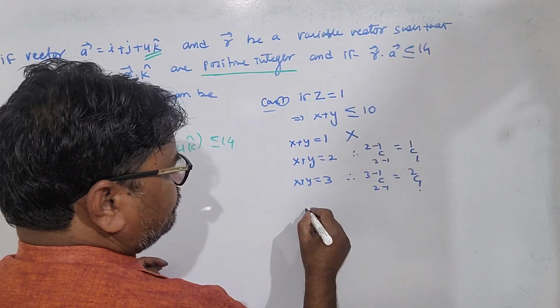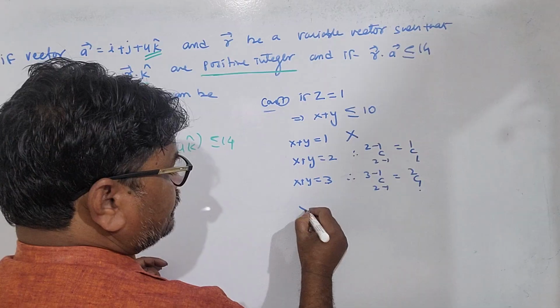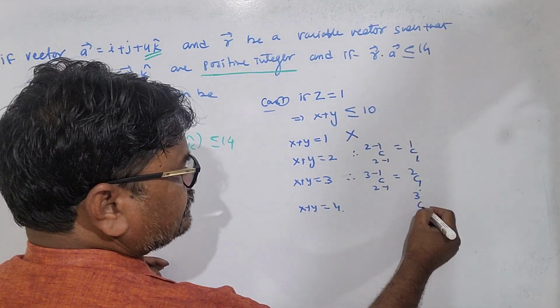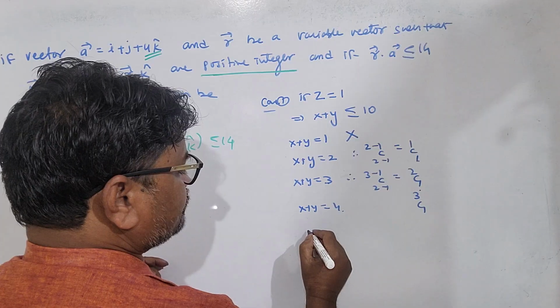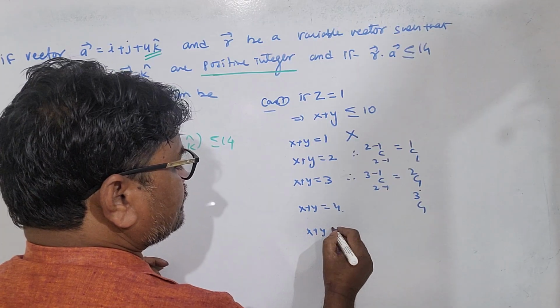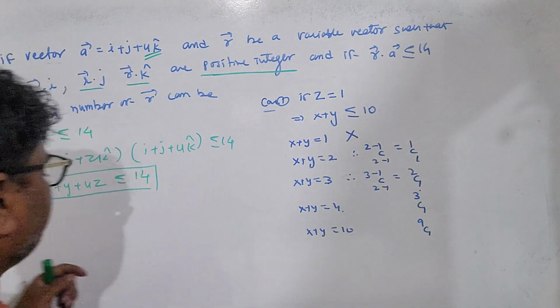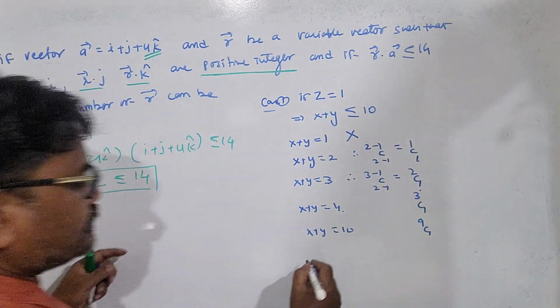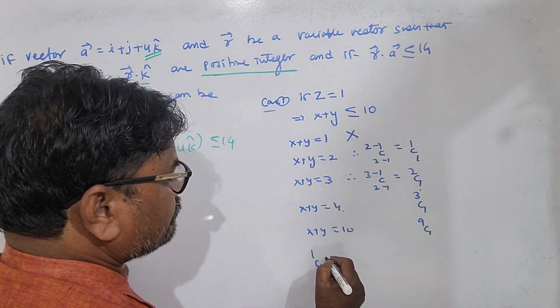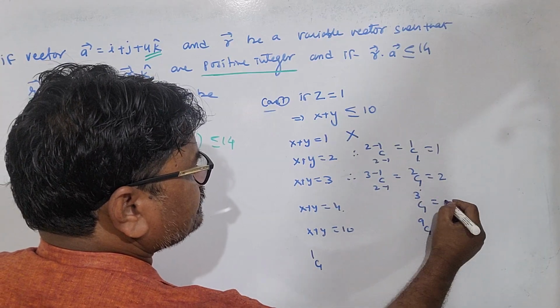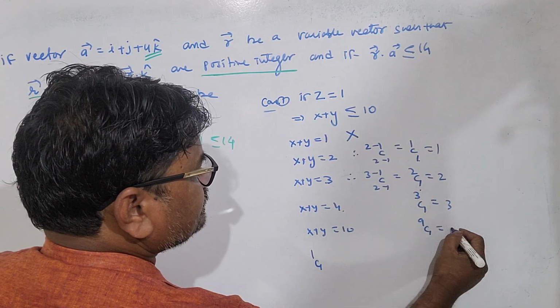Then x plus y is equal to 4, directly I can write 3C1. Finally we are having up to x plus y equal to 10, and 10 means 9C1. So how many solutions do we have? 1C1 is 1, 2C1 is 2, 3C1 is 3, up to 9C1 is 9.